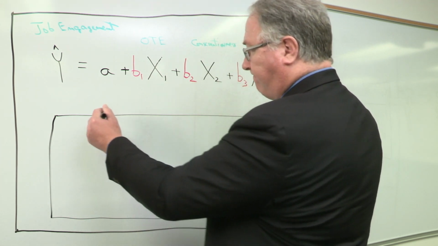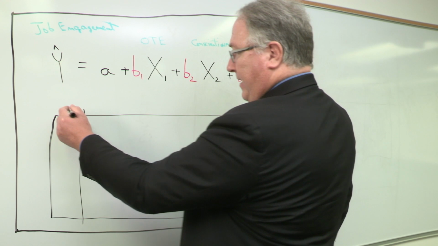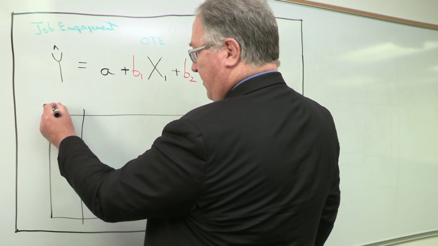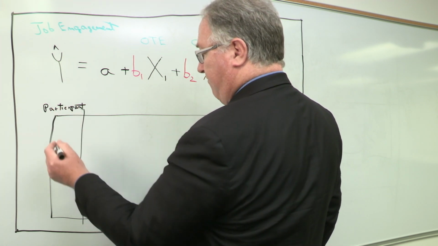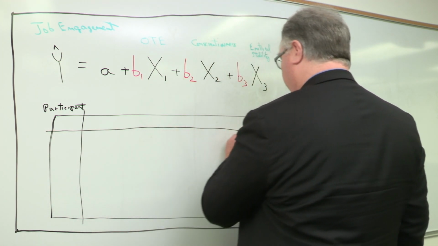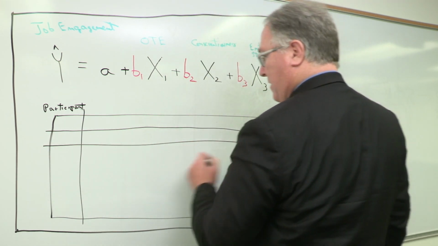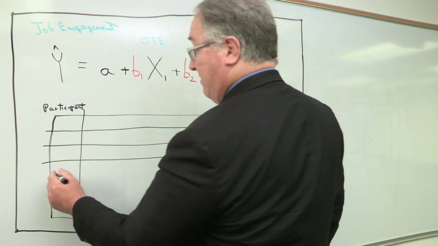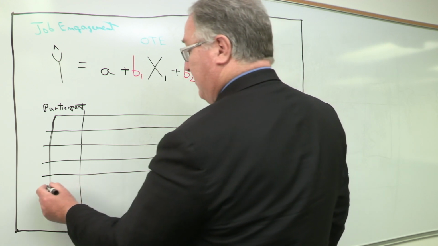Here we have each of your participants in your sample. We're going to give each of them a row. Actually, this won't be all of your participants in your sample, because with regression, you're going to have more participants than this. But this is some of them.